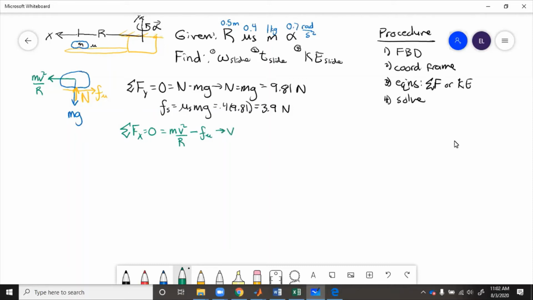So then V equals the square root of mu s times g times r. V equals 1.4 meters per second.